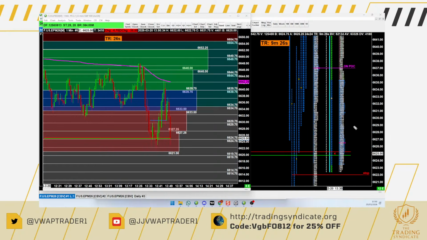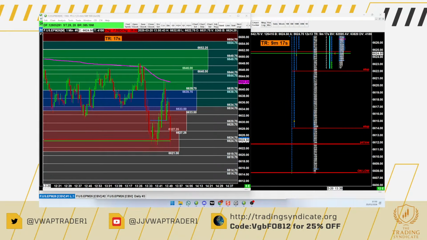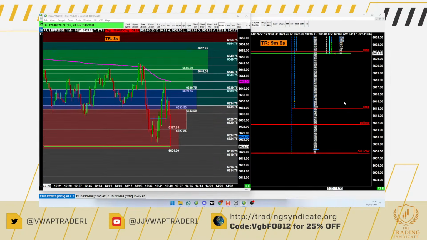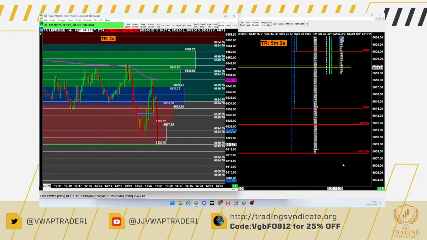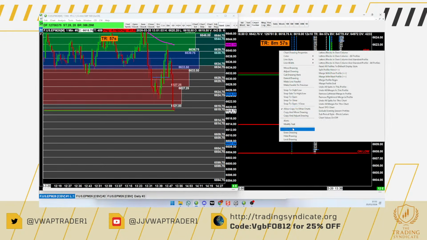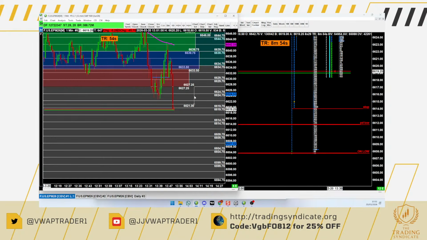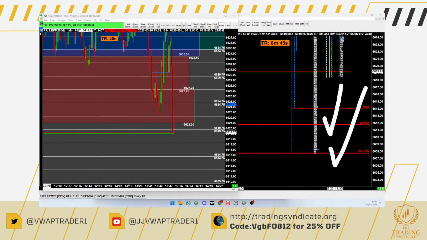Point of control moved right back down to 26. Now, after these distributions, are we going to hold that 22? I think it will break. If it breaks, the trade I'm looking for, and I'm calling it out in advance, the trade I would like is a look below and fail of yesterday's low or the overnight low. Right? So currently here, I have no intention of buying it unless it comes back over 21. But I'd really, really like for this or this to happen.